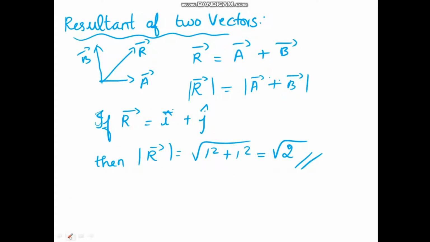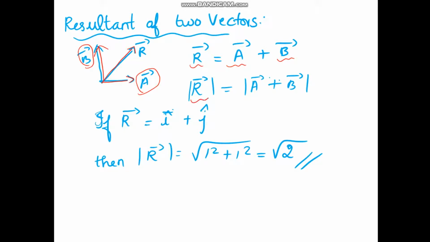Next is the resultant of vectors. The resultant of vectors is a very important concept. From this, many concept-based numericals are asked. Suppose you have one vector a vector and you have another vector b vector. Then the resultant vector is nothing but the sum of a vector and b vector.